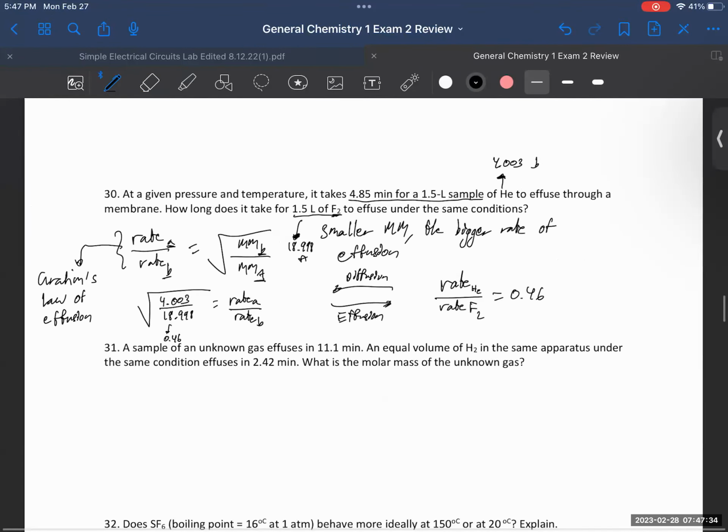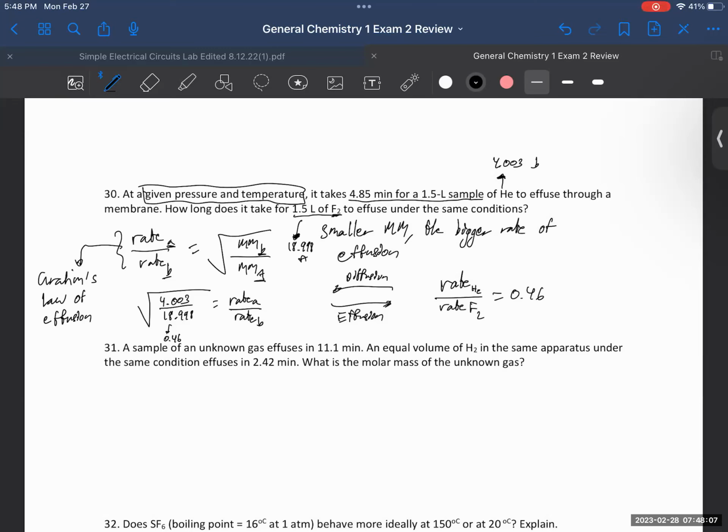All right, so we know how much. All right, so notice here that it gives us liters, right? And then it says at a given pressure and temperature. Wouldn't it just be easier for us to assume that it's at STP? And that make our lives easier? Because we know that 1 mole is 22.4 liters.